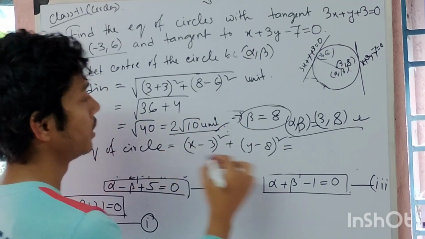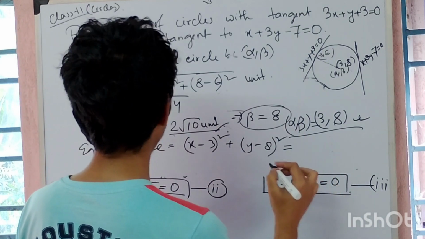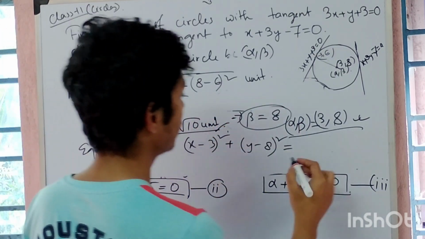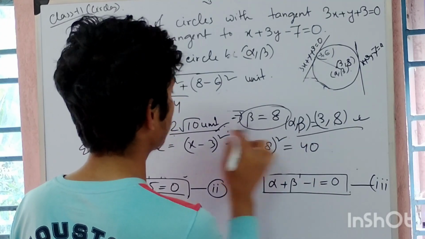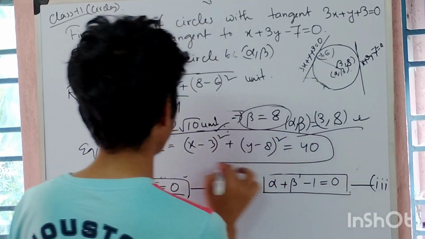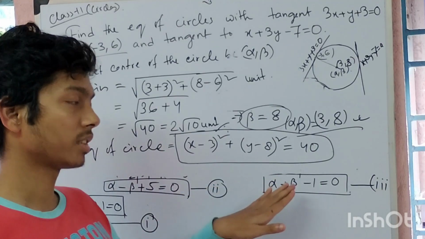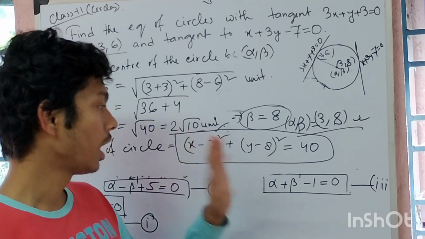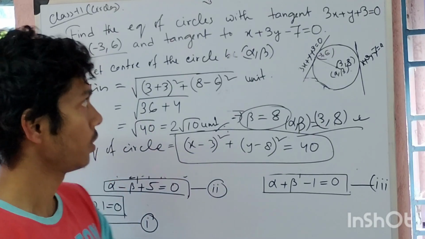The radius, 2 root 10. So what is the square of 2 root 10? It is basically 40. So this is the equation of my first circle. The equation of one circle has already been found. I am moving to the equation of the second circle, and basically I will get two circles.